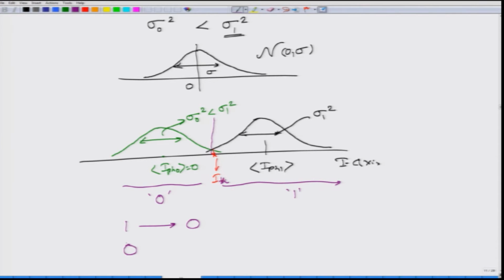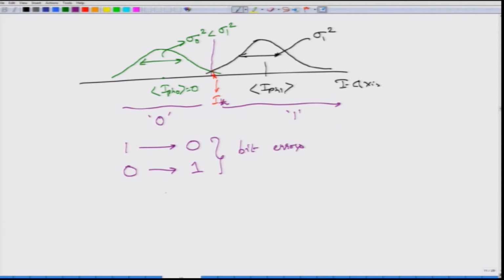If you transmit a 0 and because of the thermal noise the value of the current pushes above the threshold, then you might mistakenly assign a 1 to it. When you do that, we say that you are committing bit errors, and we quantify this by the number of bit errors per second.